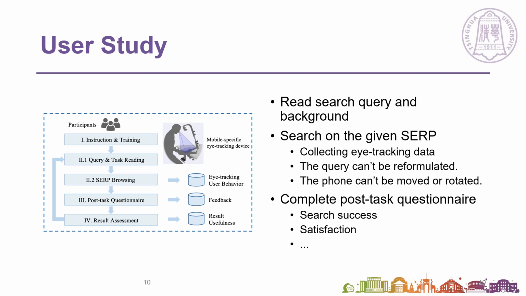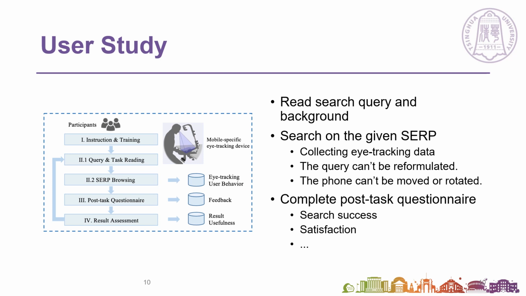Here is the procedure of our user study. We first guide users to accomplish two training tasks. Then users are asked to finish 20 or 40 tasks by themselves. In the task, they first read the query and the corresponding background of search intent, which is made up by ourselves.